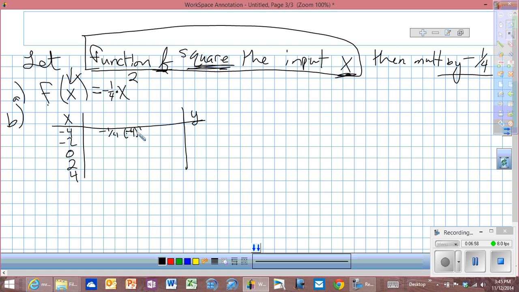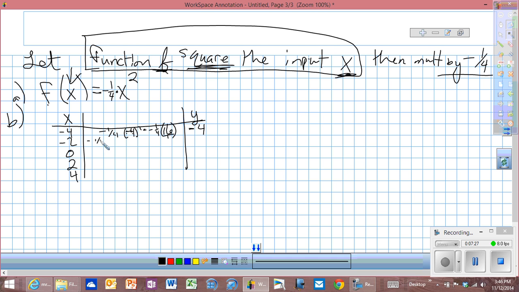So -4 times -4 is 16, so I rewrite -1/4 times a positive 16, because anything negative times itself is always positive. Then 16 times 1/4, I can treat it like a fraction, or do 16 divided by 4. 16 divided by 4 is 4, and then I have a negative and a positive, which makes -4. That's our first thing in our table of values.